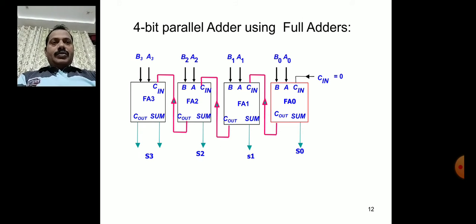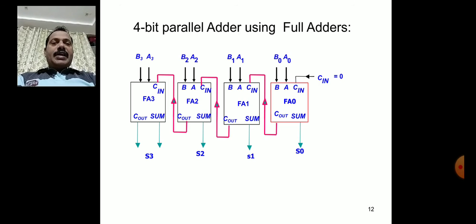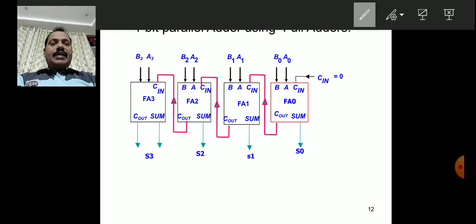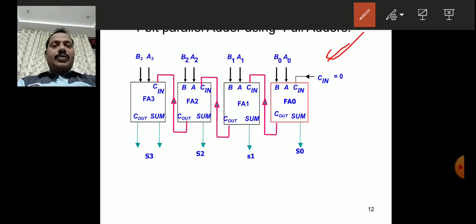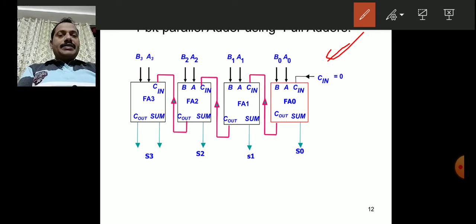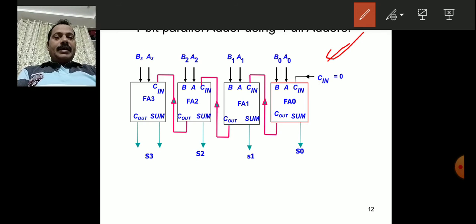Now you observe here is the 4-bit parallel adder using full adders. So the first LSB A0, B0 both are added with FA0, full adder 0, and the initial carry Cin is 0 by connecting it to ground, and it produces sum and carry.